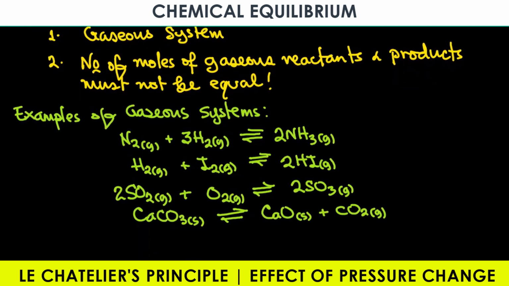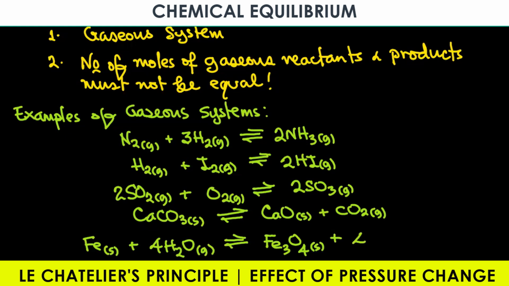And then we have iron and steam reacting, iron metal with steam reacting to form triiron tetraoxide, or what we call iron(II) diiron(III) oxide, and hydrogen gas. So you can see all these are gaseous systems. Why? Because they contain at least one gas.